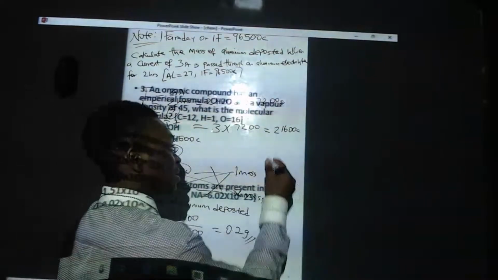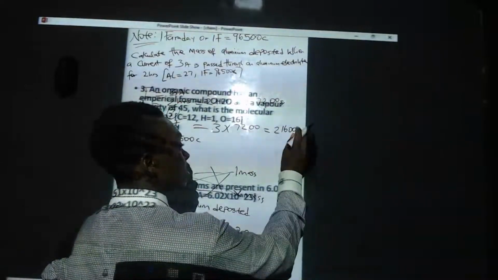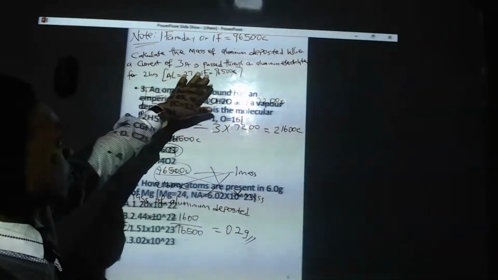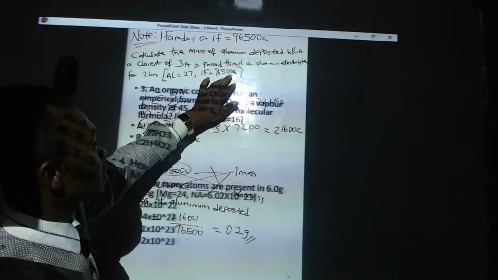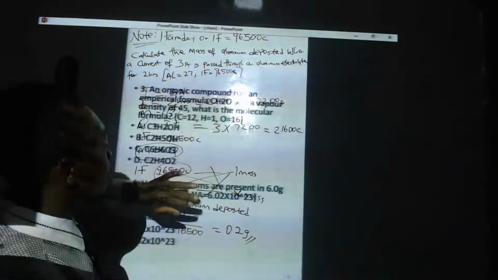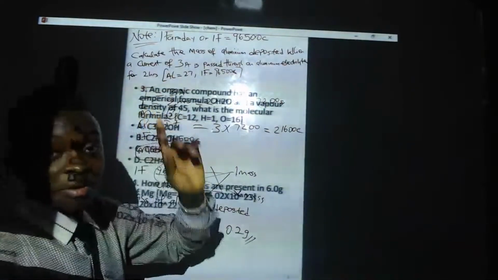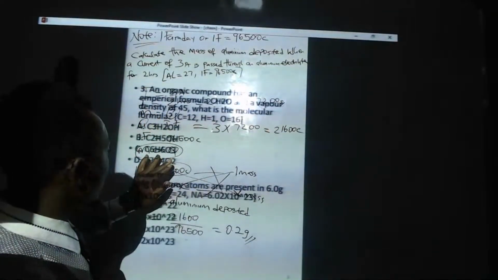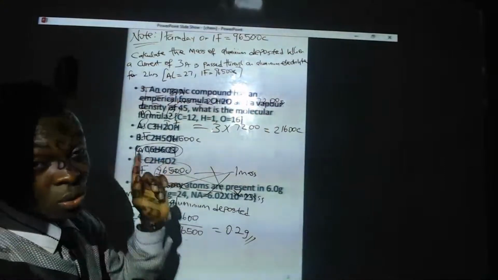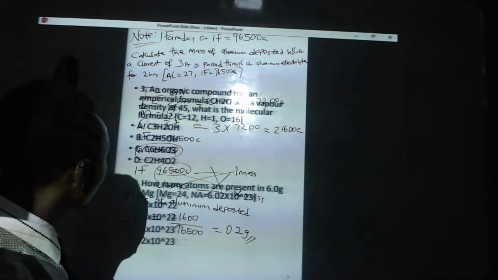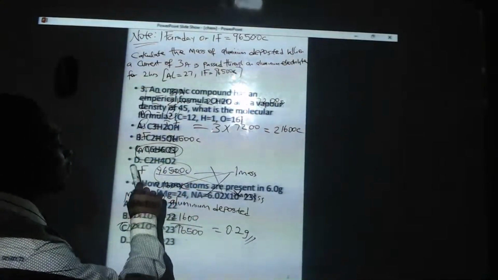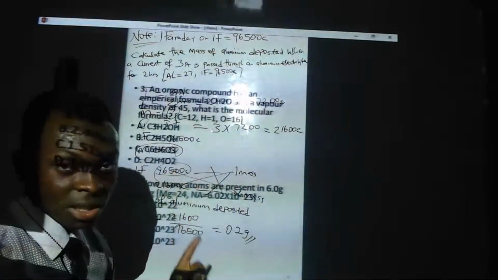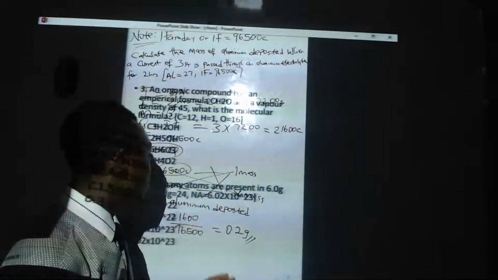Remember I said this is C, coulombs. Now from the equation we're given that 1 farad equals 96,500 coulombs. And remember from the equation that the mass of the element discharged in electrolysis is directly proportional to the quantity of electricity. So 1 farad, which is 96,500 coulombs, is to 1 mass of the element discharged.